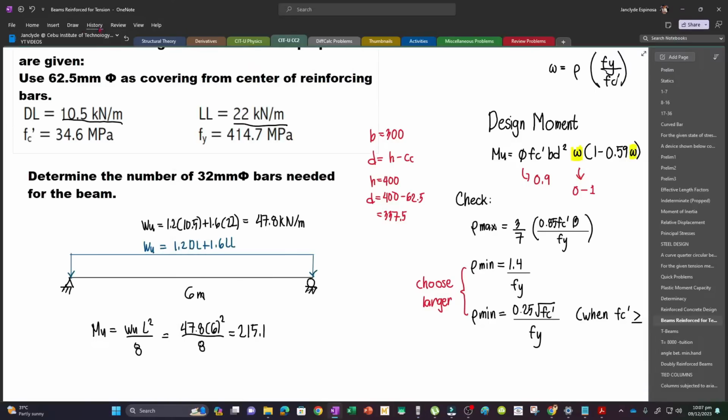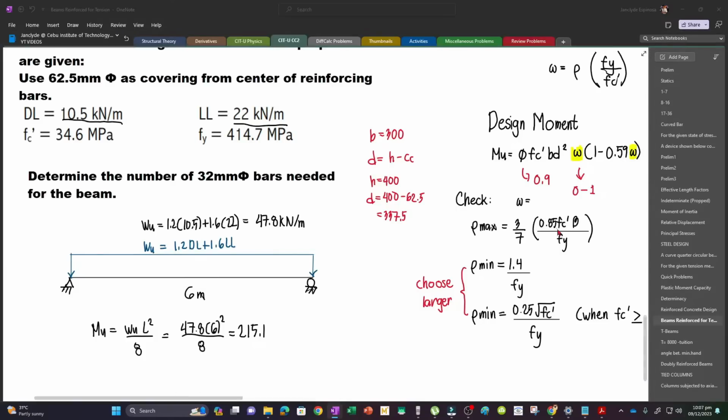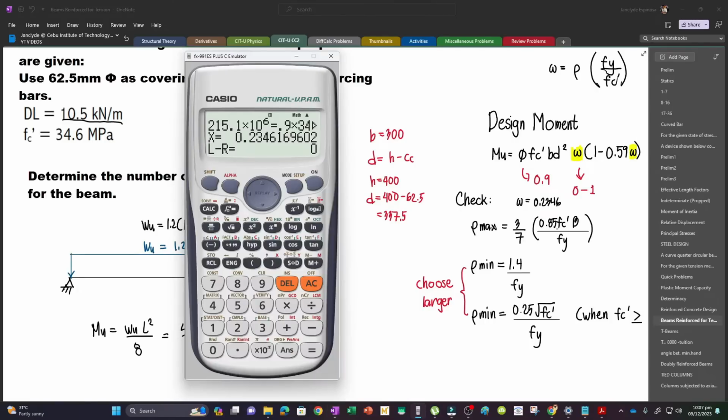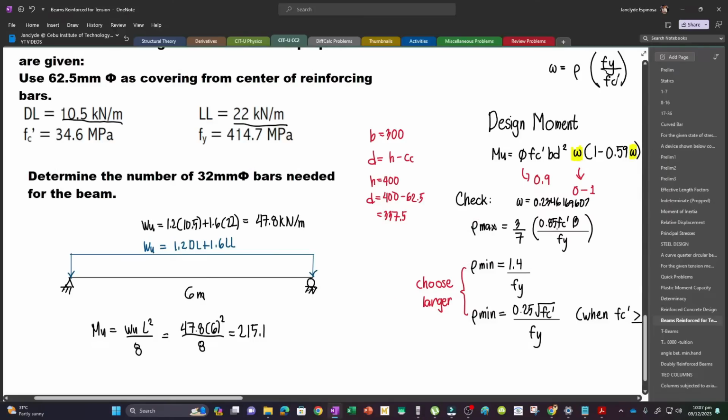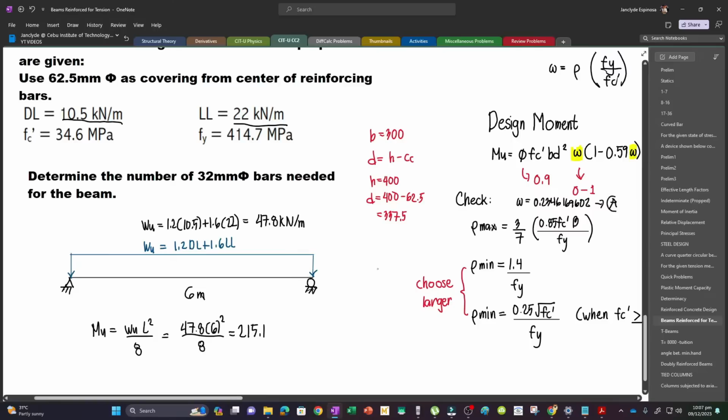So our omega is 0.2346169602. Now para dili ka mag-type pag-usab, store na lang nako niya sa A. So take note lang.